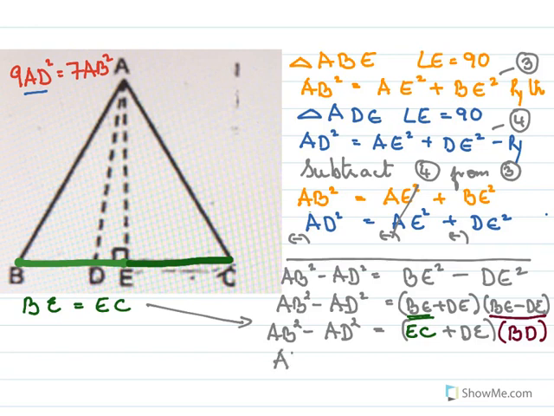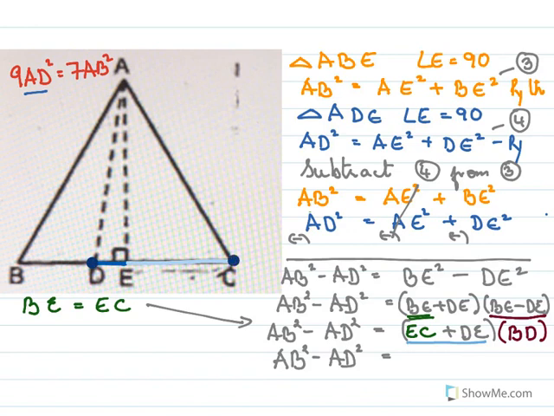Now we go again, AB square minus AD square equal to. Now again go back to the figure and look up what is EC plus DE. Let's look up in the figure. We have DE here, and then we have EC. So DE plus EC is DC.